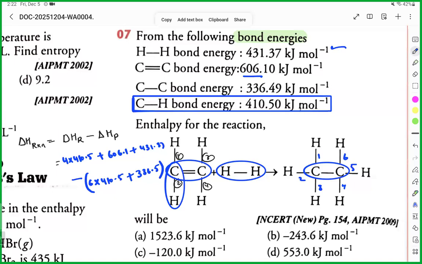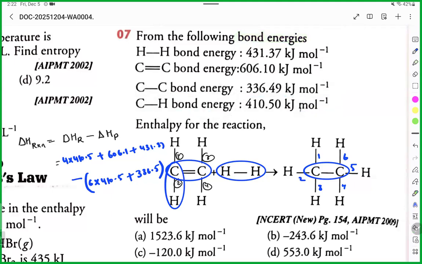You know, if you take the approximate value, you will still get the right answer. Example, consider this first value as 400, this 300, this 600, again this 400.